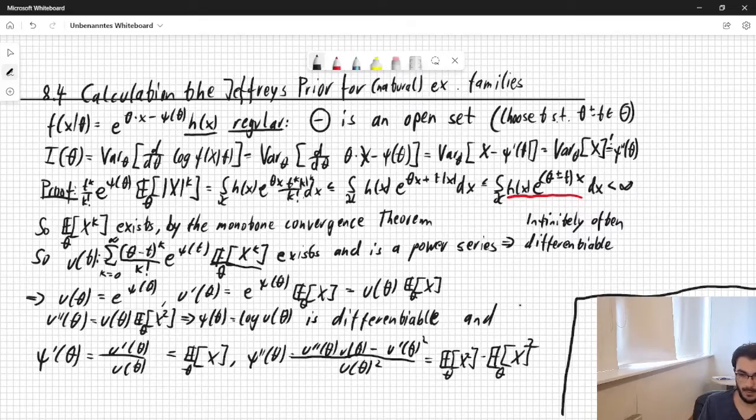But that's just the variance. And we've just shown that this is the Fisher information. Alright, so now we know how to calculate this.